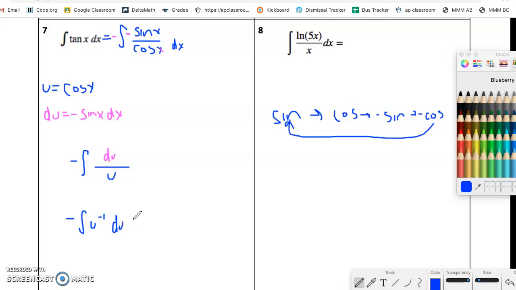You don't have to rewrite it like this. For me, I usually do, but you don't have to. And I know the integral of u to the negative 1, so the antiderivative of that is just going to be ln, so the natural log. So negative ln the absolute value of u, du goes away, and plus c is still there.